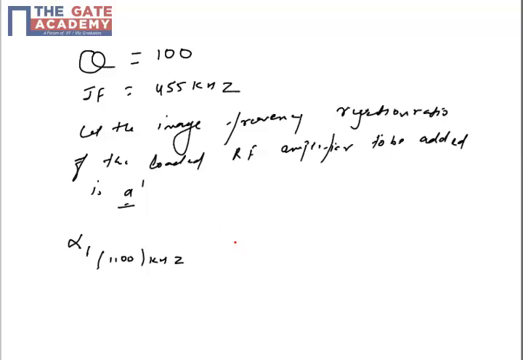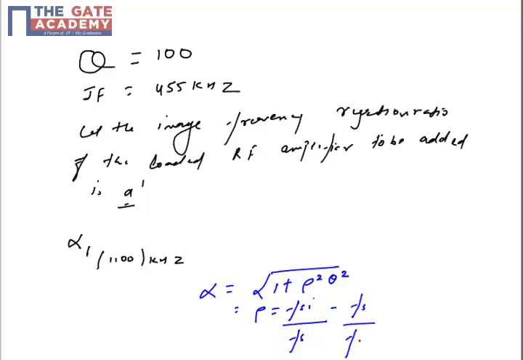As you know, the image rejection ratio alpha is the square root of 1 plus rho square Q square, where rho is equal to FSI, the image frequency, divided by Fs, the signal frequency, minus the signal frequency divided by the image frequency.